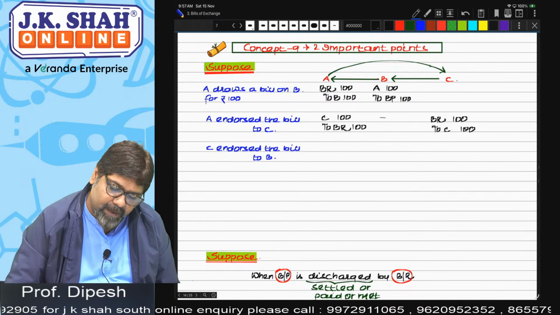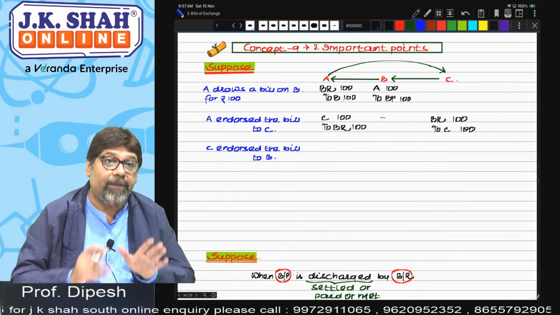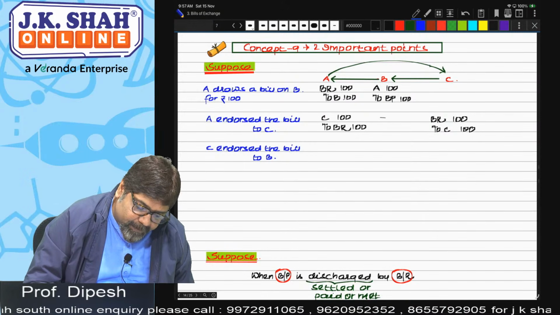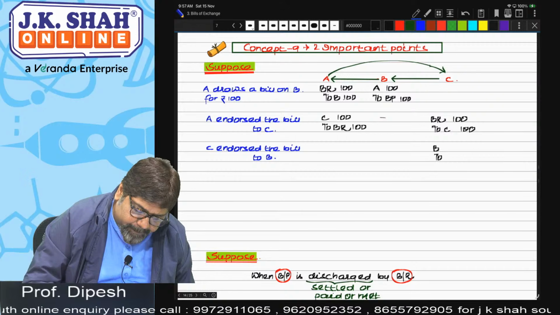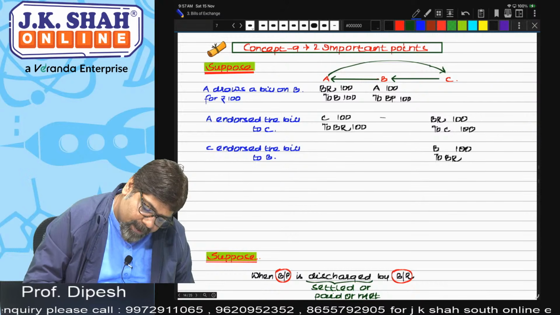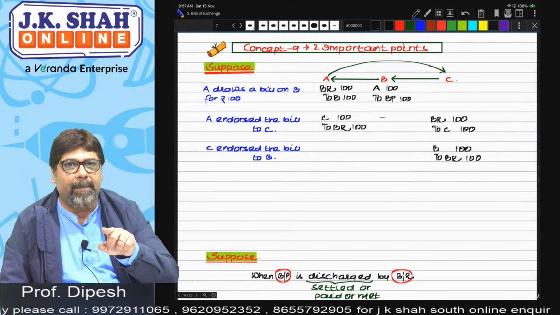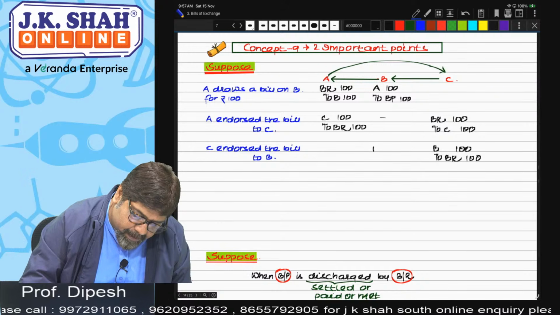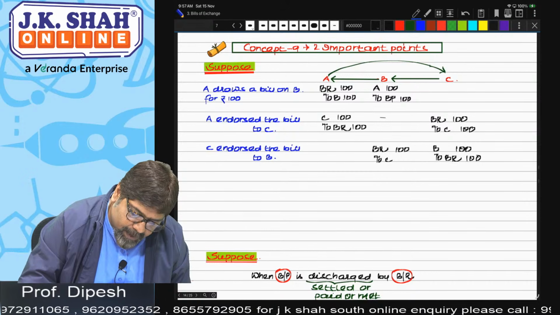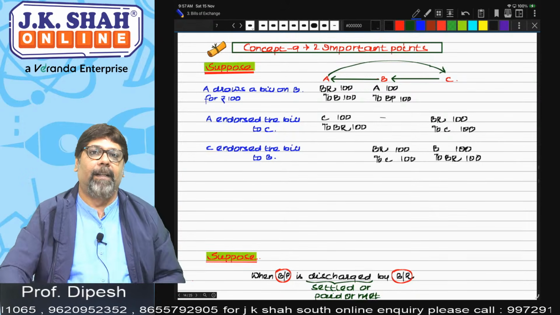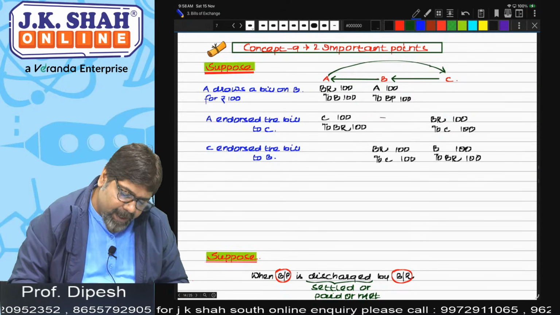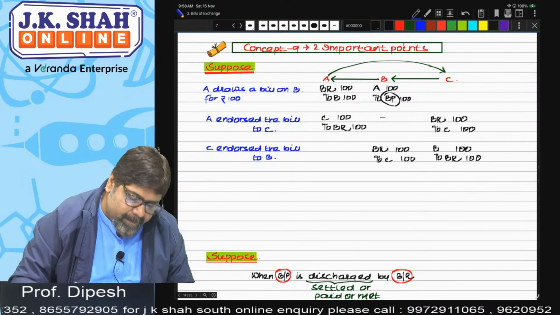Correct? Yes. C endorsed the bill back to B. So C gave the bill back. A endorsed it to C, C endorsed it to B. So C will pass the entry B to BR, 100. Now B has got the bill. What entry will B pass? Not bills receivable to C. B has got its own bills payable back.